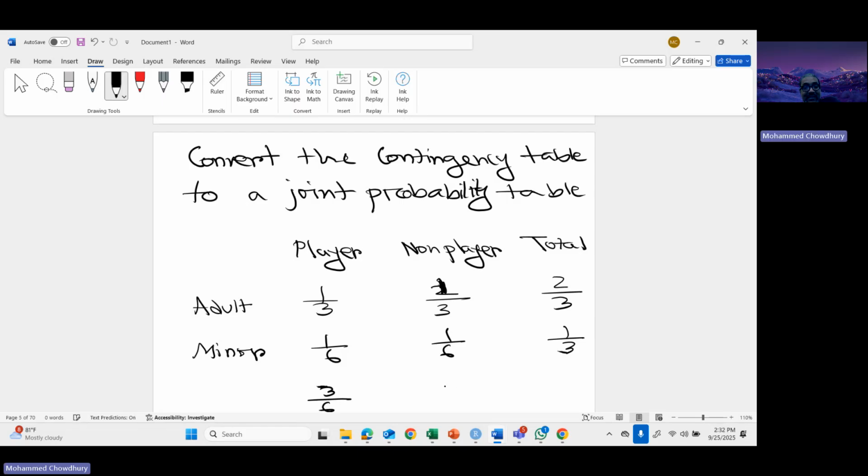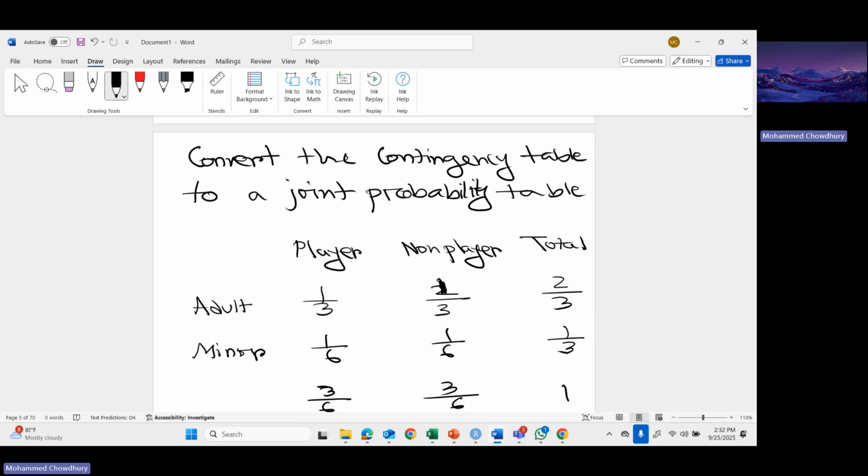And here, 3 over 6, so this is equal to 1, right? Now the probabilities that we computed previously, we can compute much more easily this way, right?